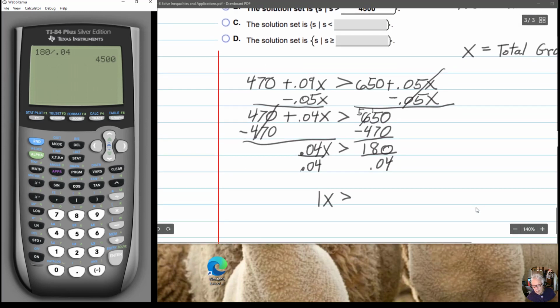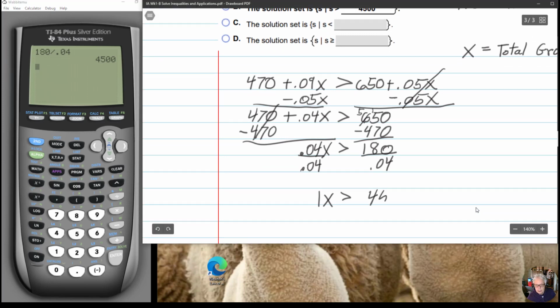So 1x equals 4,500. That is, x equals 4,500.